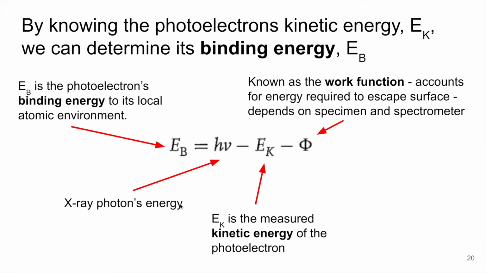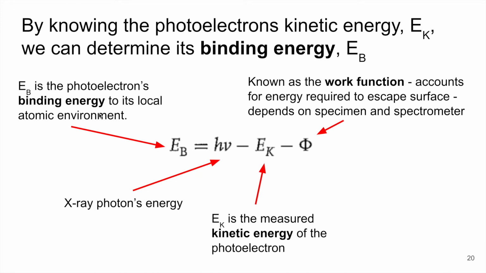So how do we actually get that energy though? Because it's not straightforward. We can use this equation here to obtain it. The energy that we're after is the so-called binding energy, the photoelectron's binding energy. Again, that is what is holding that electron in its local environment. So how much energy does it take to take that electron from an atom and move it away, into the vacuum.